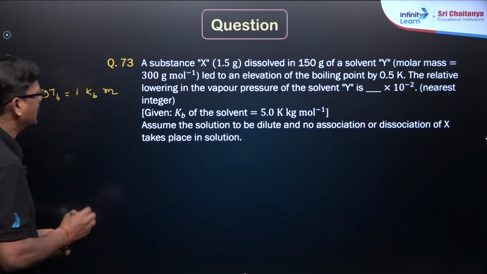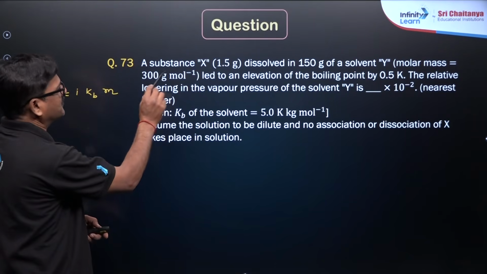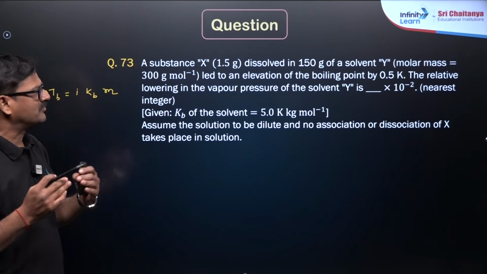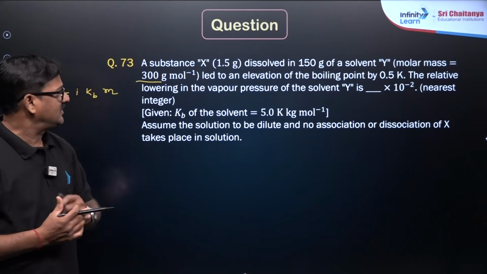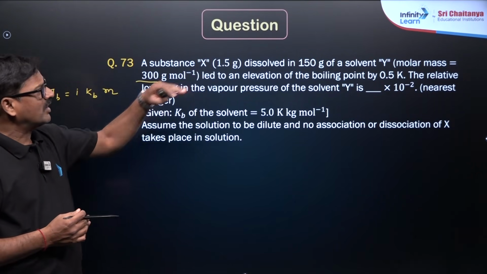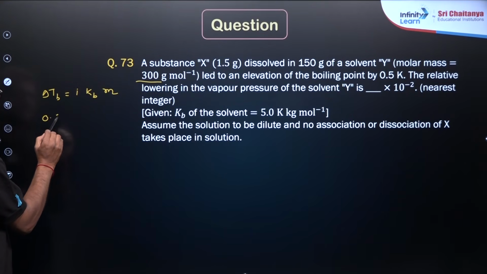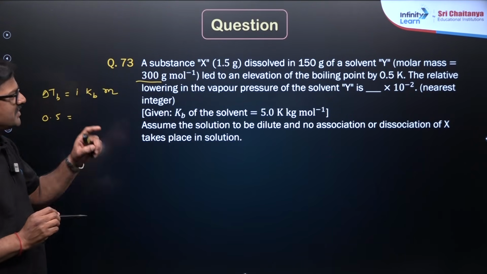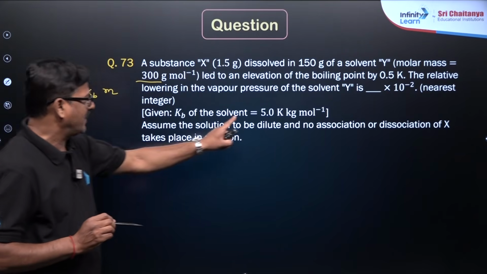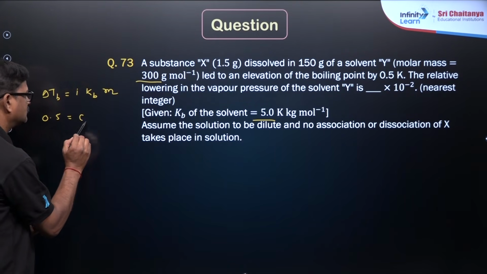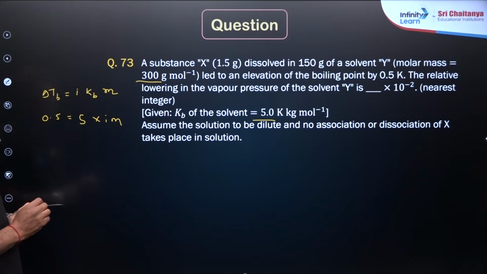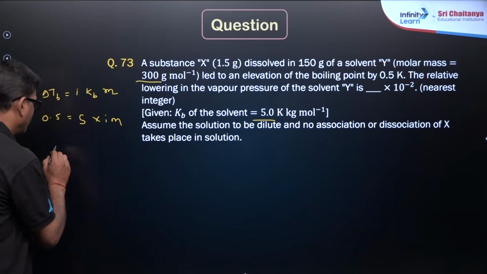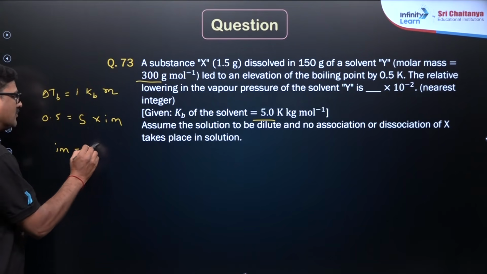ΔTb is observed when a substance of 1.5 gram is dissolved in 150 grams of solvent whose molecular mass is 300, leading to an elevation in boiling point of 0.5, and whose Kb value is given as 5, into im. So use this. I want to say the im value is going to be 0.1.